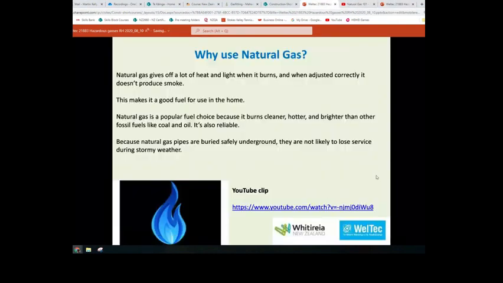Right, so that was a reasonably informative overview of natural gas and where it comes from. There's been quite a lot of discussion in the media about natural gas being phased out, but there's no real viable alternative at the moment.